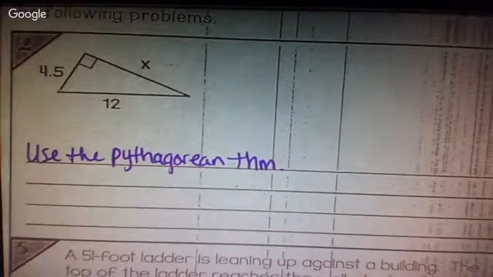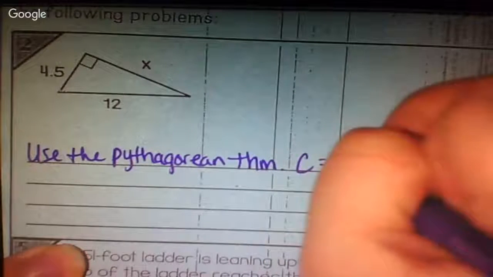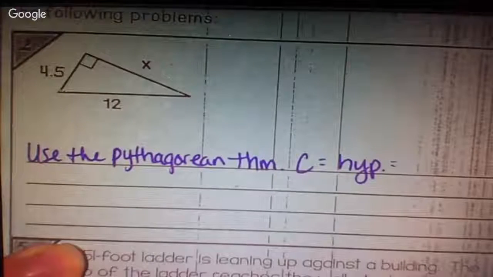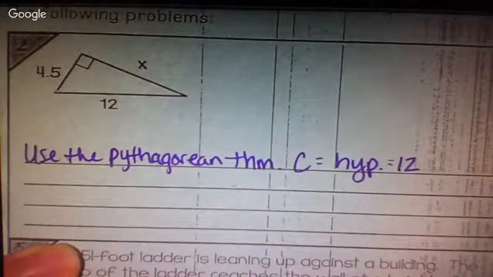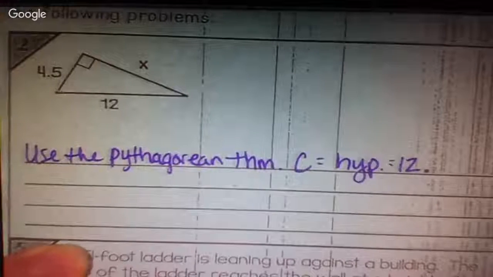It's not fun. So, use the Pythagorean theorem. What would you then tell them? They don't know where A, B, or C goes. C is your hypotenuse. C equals the hypotenuse, which means that that value is what? Which value is your hypotenuse? 12. C is your hypotenuse, which is 12. What can you tell them about the legs?